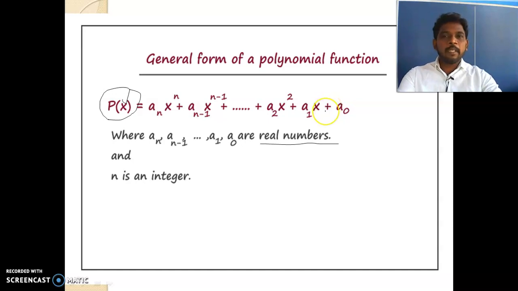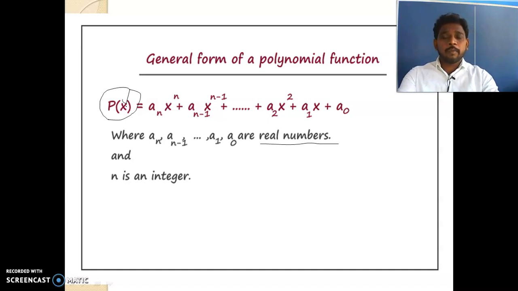And we have already seen the difference between an equation and a polynomial. An expression which is equal to a constant is an equation. An expression equal to a function, denoted by a variable, is called a polynomial. So that is the difference between polynomial and equation.